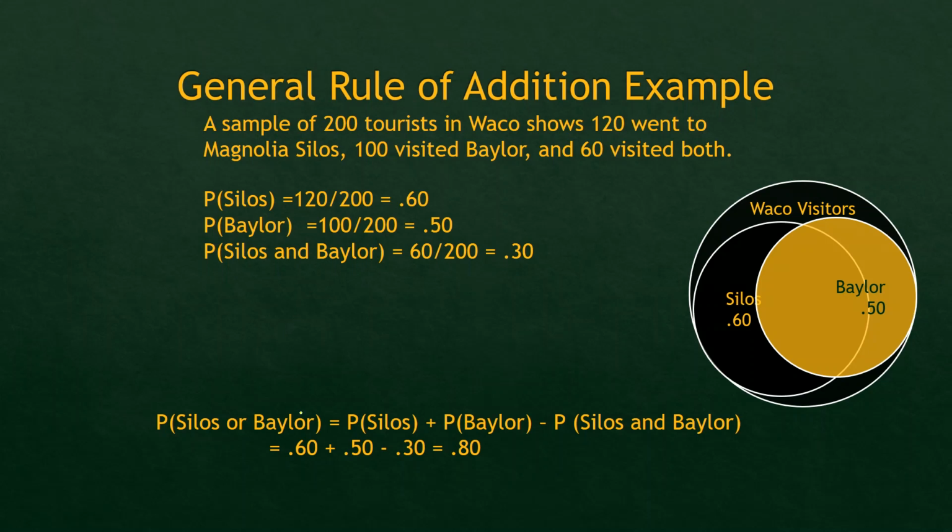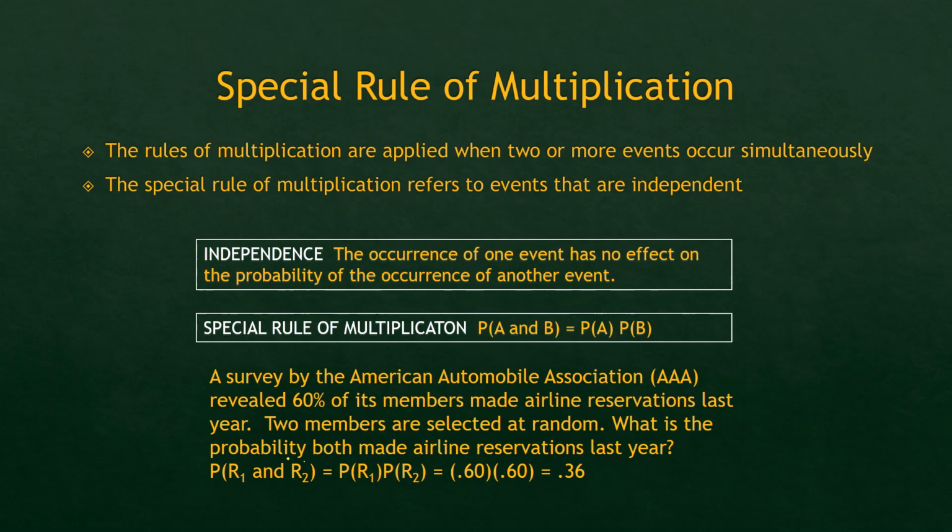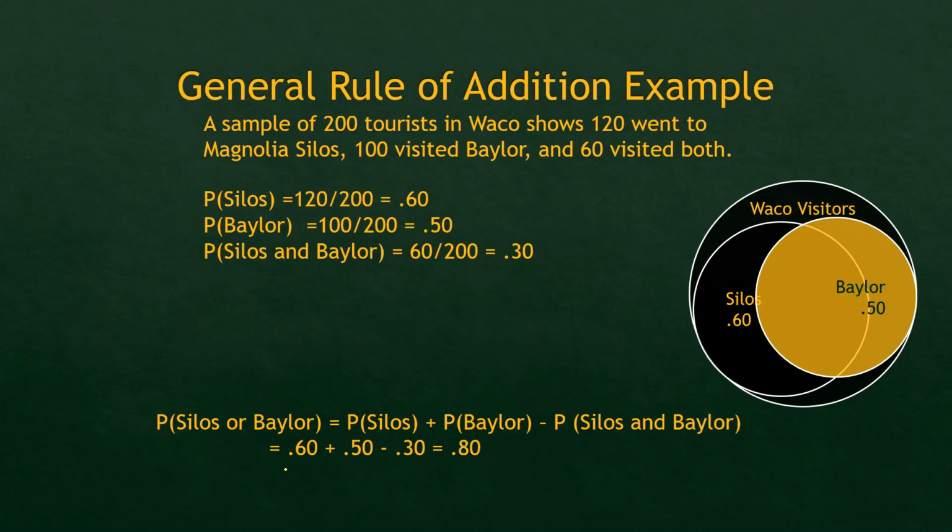Okay, so in order to do the general rule of addition, right down here we have the probability. Whoops, let me go back. We've got the probability of individuals visiting the silo plus the probability of them visiting Baylor, and you subtract the probability of them visiting both the silos and Baylor to determine the probability right here of the individuals visiting either the silos or Baylor.